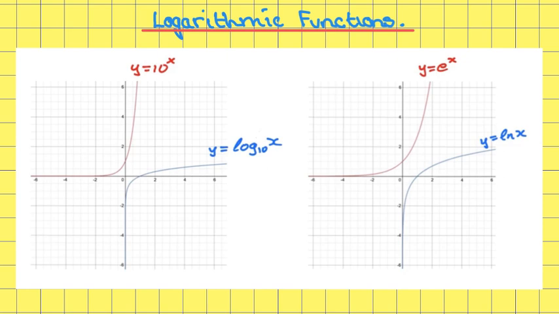And why is that? Well, if we look at the equation for y equals 10 to the x, when x is 2, we get 10 squared, which is equal to 100. When x is 4, we get 10 to the power of 4, which is 10,000.